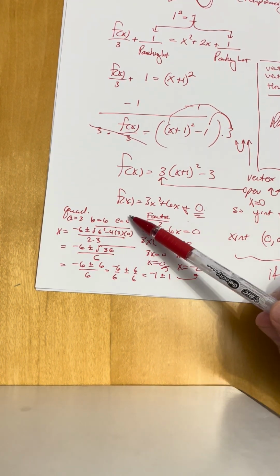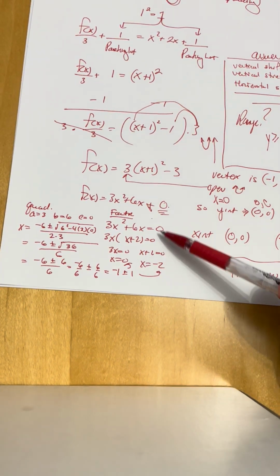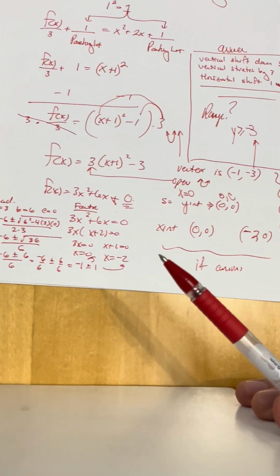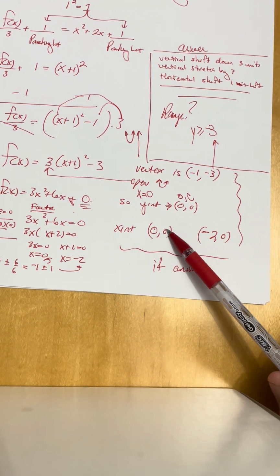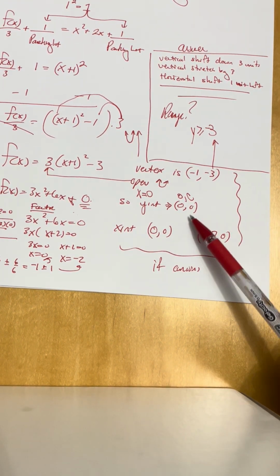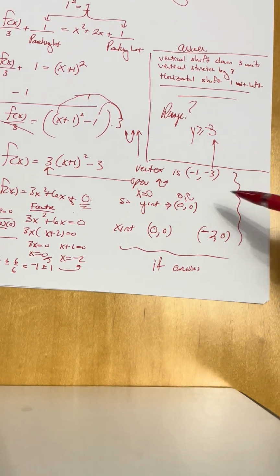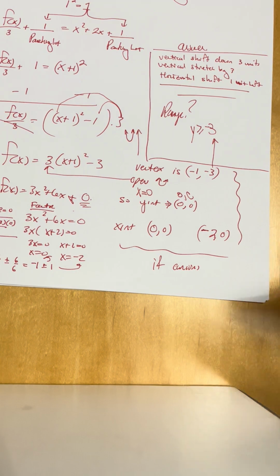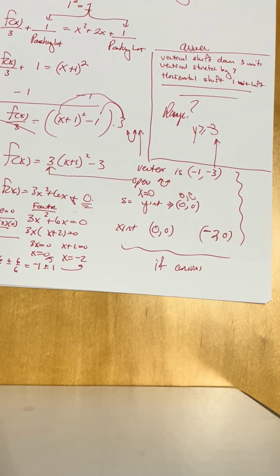You can pause the video and see the work right here. What you end up with is two x-intercepts, 0, 0 and -2, 0. The y-intercept and one of the x-intercepts are the same point. Just as a refresher, this is just bonus stuff down here. This is the actual answer to the problem. Okay, hopefully that helps.